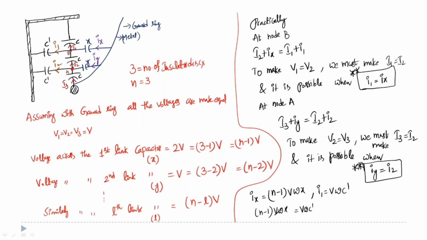So V omega gets cancelled. Now it implies that x is equal to C dash by n minus 1. This is the capacitance that we need to maintain in the first link.